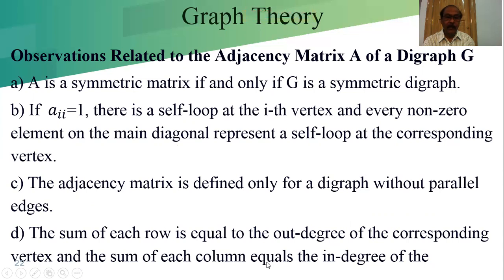The sum of each column equals the in degree, that means from Vi to Vj, it is incident to Vj. If we add column wise, we will get the in degree of the corresponding vertex. Row wise, we will get the out degree of that corresponding vertex.